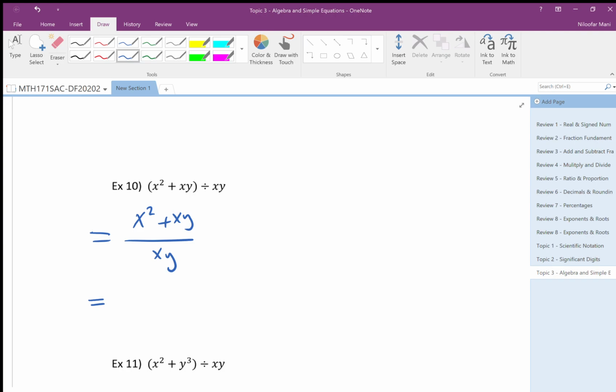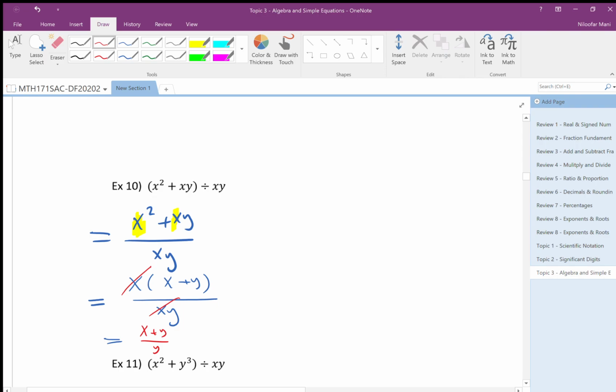What is common in each term? This is common and this is common. I bring it out. Okay, so it is x multiplied by x plus y divided by xy, which is, I can cancel, which is x plus y over y.